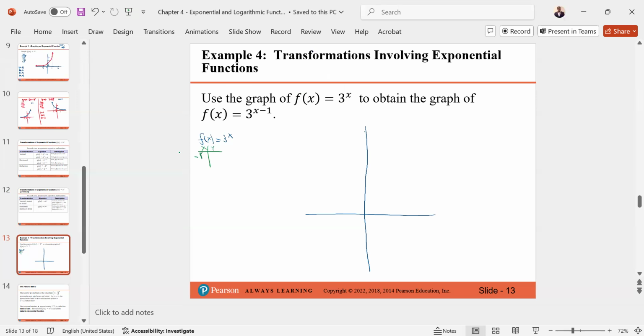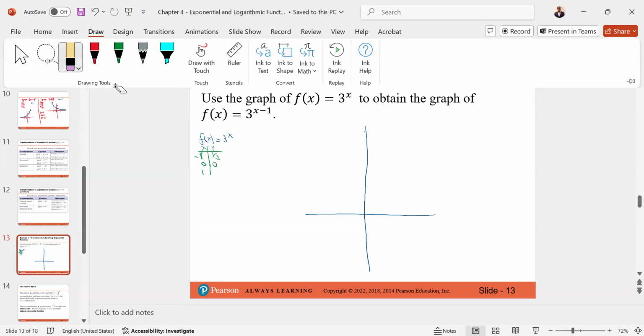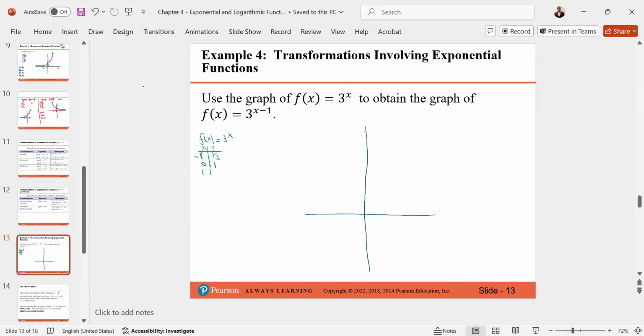If we take -1, 0, and 1, 3 power -1 is 1/3, 3 power 0 is 1, of course, and 3 power 1 is 3. Now we have our 3 points. So when x is -1, y is 1/3. When x is 0, y is 1. And when x is 1, y is 3.